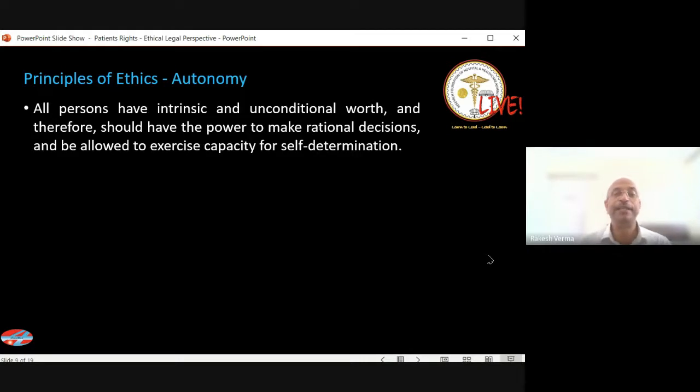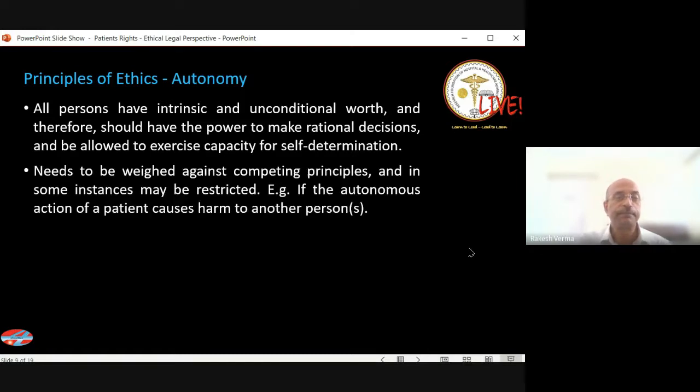That means only I can decide about myself. This is the principle which basically means that whenever there is an intervention that needs to be done on my person, then I will take a call. And this needs to be weighed against the competing principles.